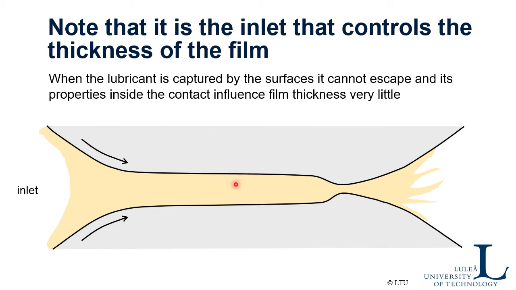So what is coming in here must also come out. It can't disappear through the surfaces, for example. So that means that what is captured here at the inlet is determining how thick the contact will be.